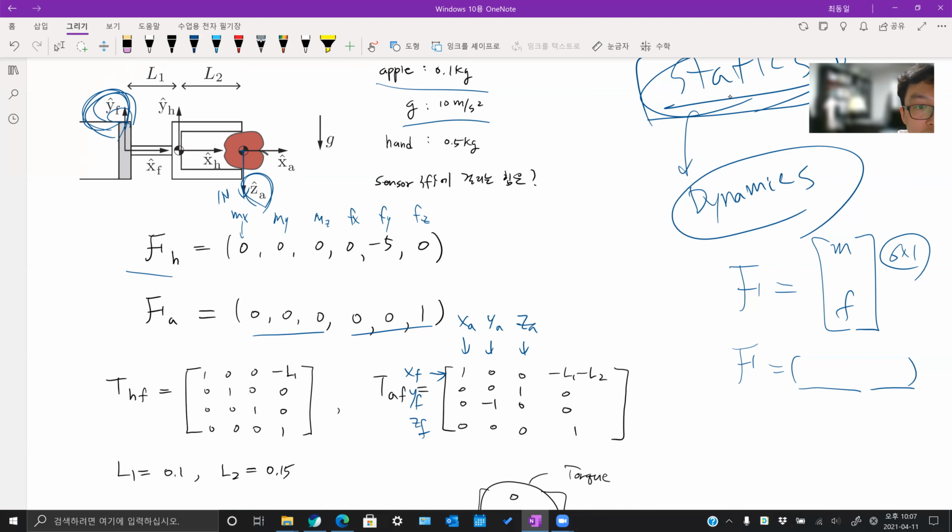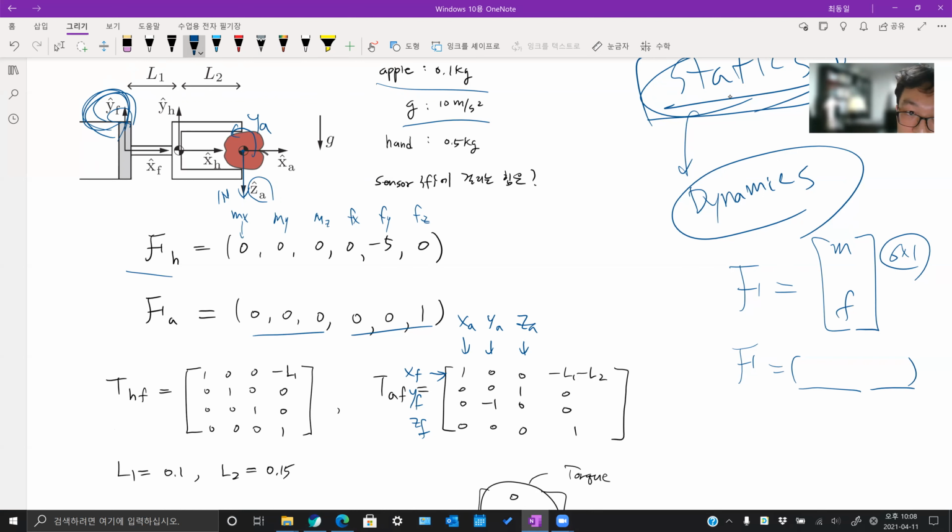Similarly, the y-axis, because we are using the right-hand rule, because the z-axis is in here, and x is here, the y direction should come out of the screen.